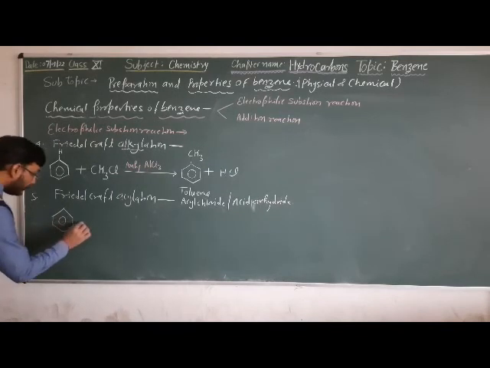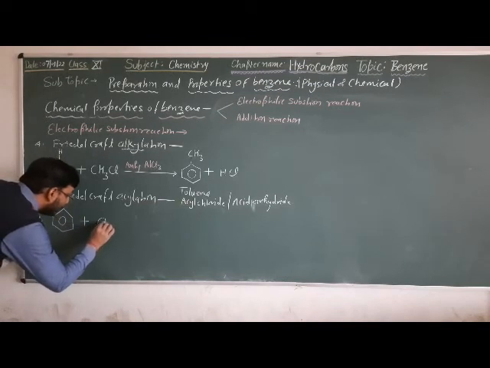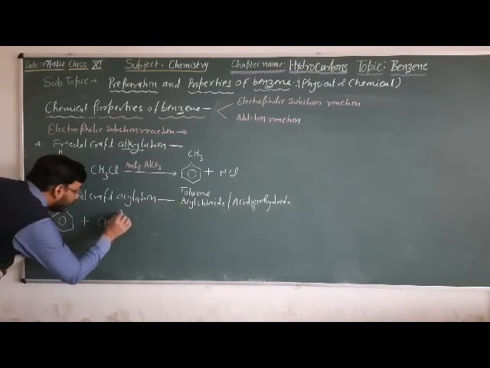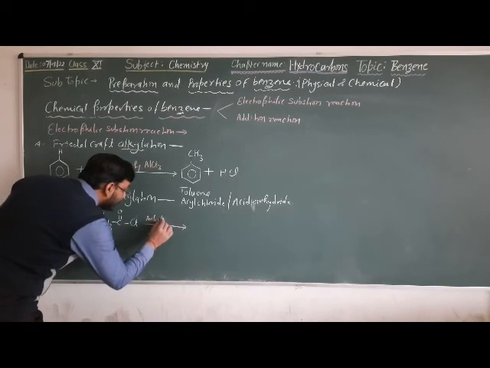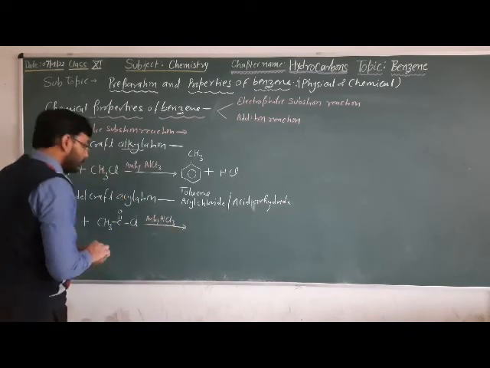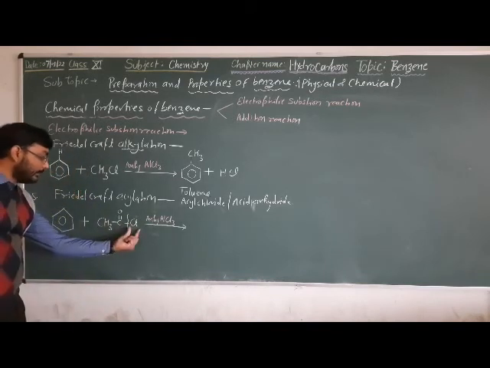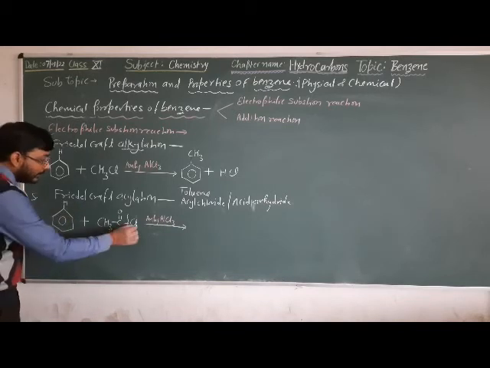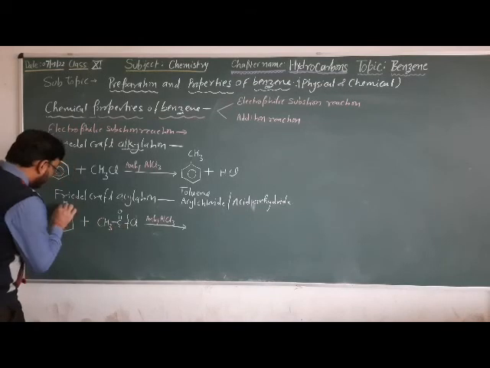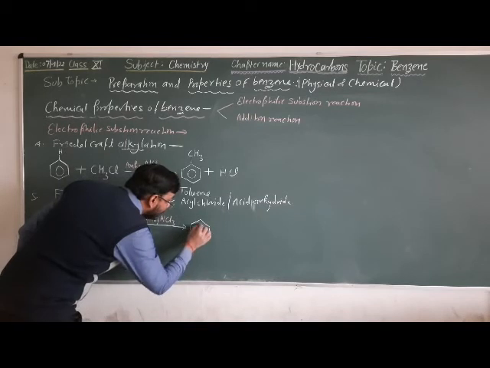So benzene is here. For acylation, we take the acyl chloride CH3COCl, and in presence of anhydrous AlCl3, it reacts. So from here chlorine will be removed and it will attach with the hydrogen to form HCl, and carbon will attach at this position from where the hydrogen is removed.